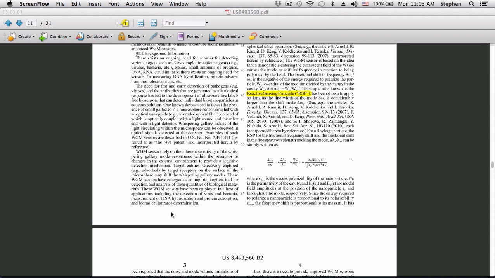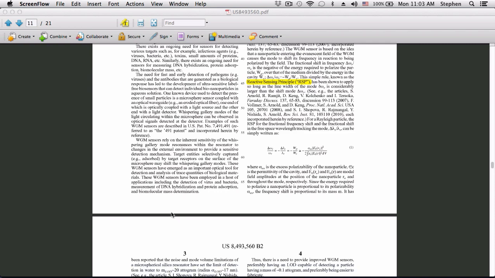The actual cause of the effect for an external cavity of this nature, an open cavity, is described by the reactive sensing principle, which basically says that when a dielectric particle comes to the evanescent field of a whispering gallery mode, it shifts the frequency of the whispering gallery mode.